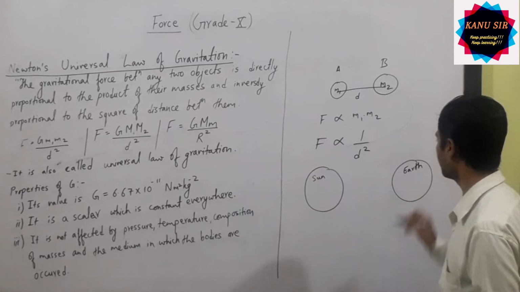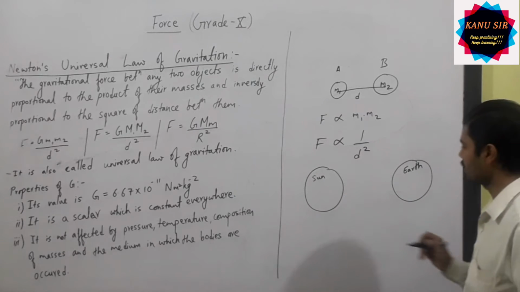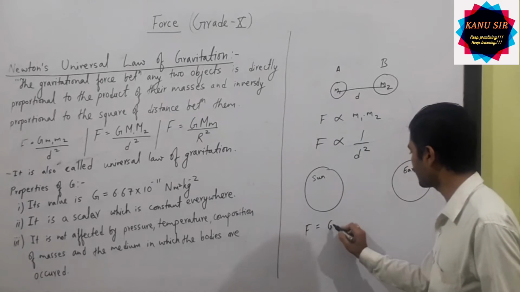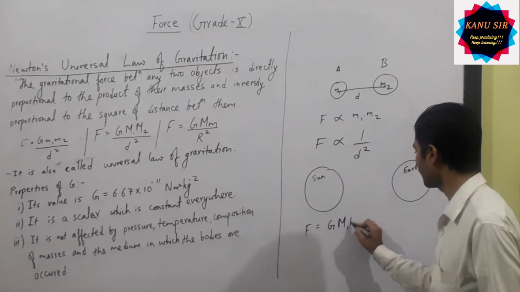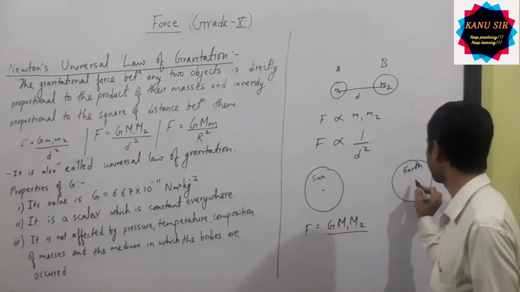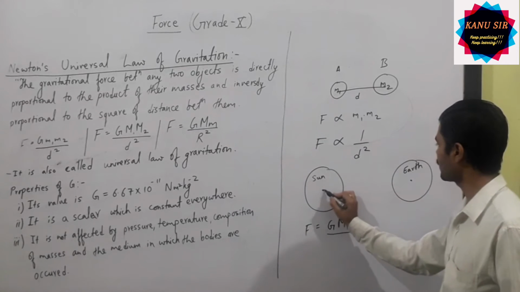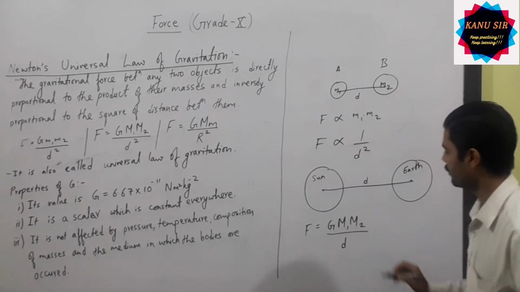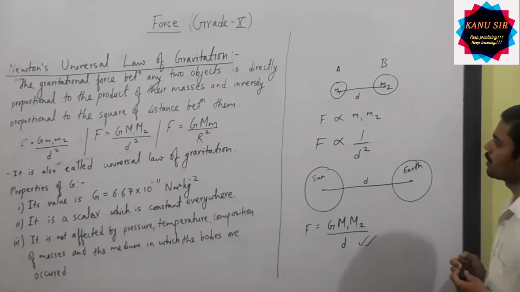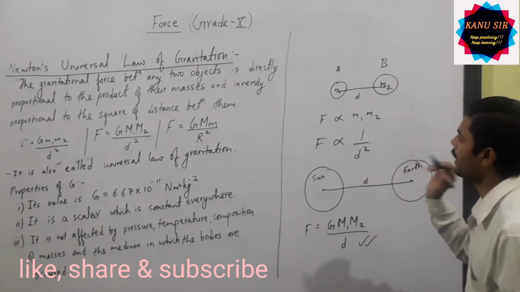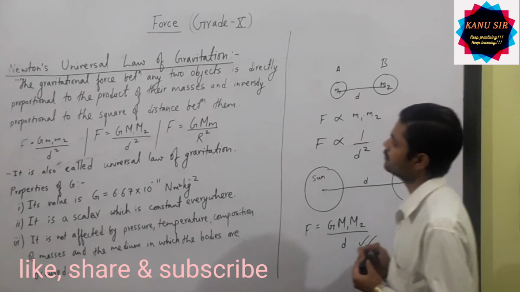When we take the example of the sun and the earth, the gravitational force between the two objects can be measured with the formula G m1 m2 upon d square, where d is the distance from the center of the sun to the earth.